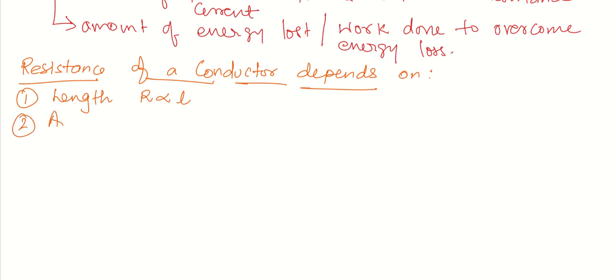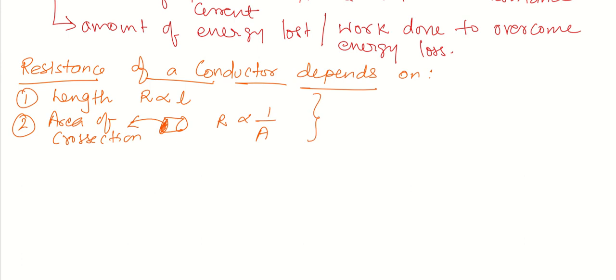Second is area of cross section. What is area of cross section? Area of cross section means it is this area. So resistance is inversely proportional to area. If the area will increase, then electrons can pass a little easily, so resistance will decrease.